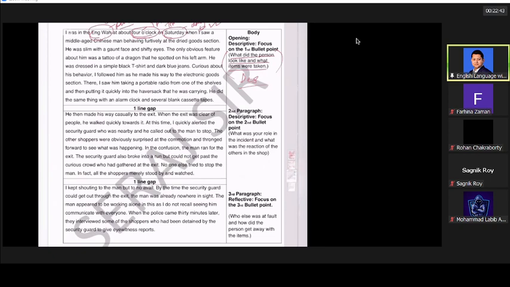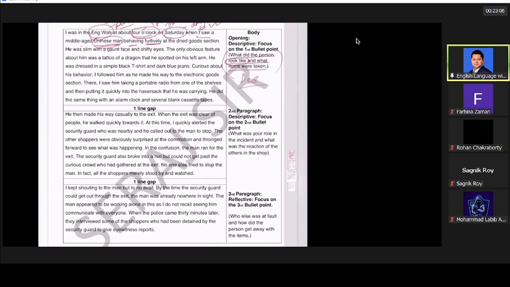Clear, everyone? "When I saw a middle-aged Chinese man," so he looks like a Chinese man, "behaving furtively." Furtively means strangely. Dear students, whenever in my directed writing class you get any new word, please write it down in your notebook, and also the meaning.